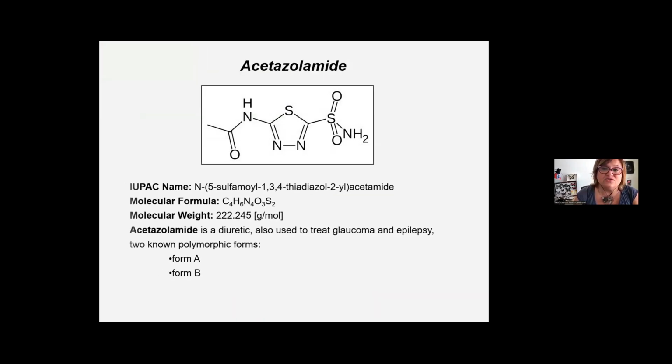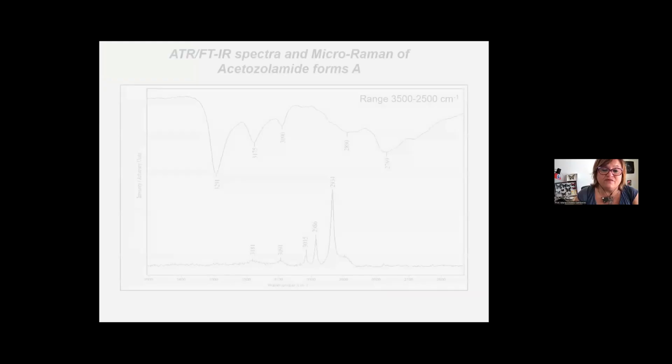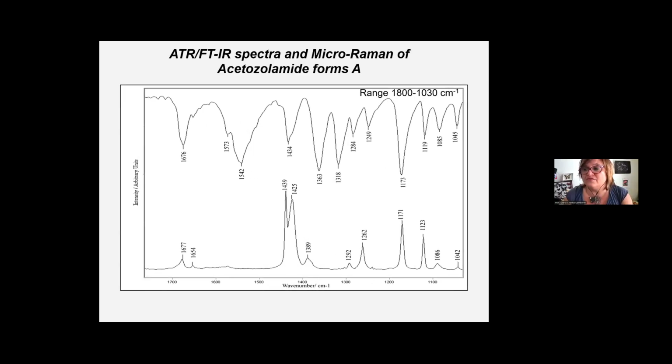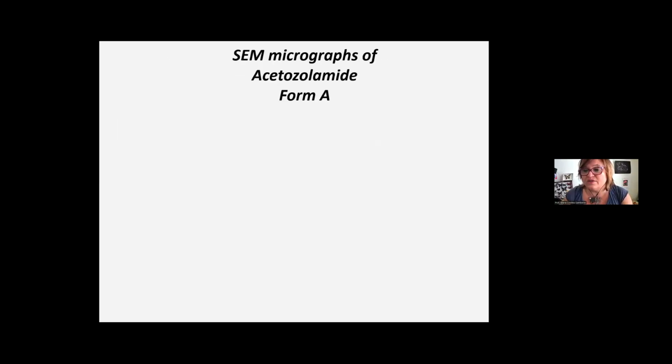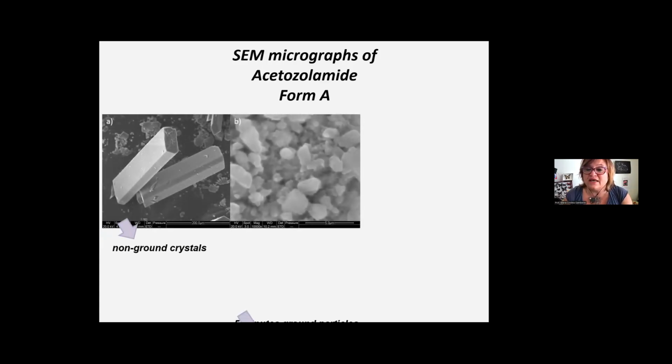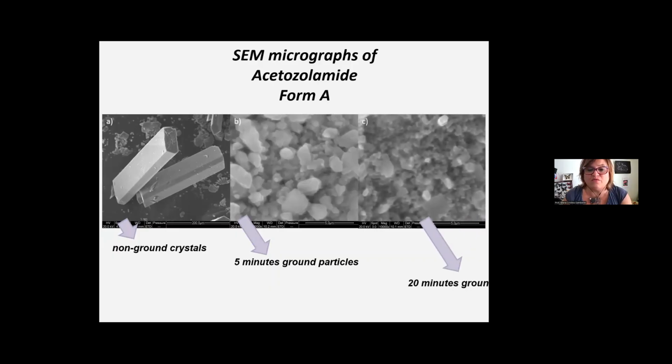And quite at the end, acetazolamide, we study form A and form B. We study in this case with FT-ATR and FTIR, because you remember that we use different techniques. We have studied all the bands, and then we study also with SEM to understand what the morphology was before the grinding, after 5 minutes, and after 20 minutes of grinding of particles.